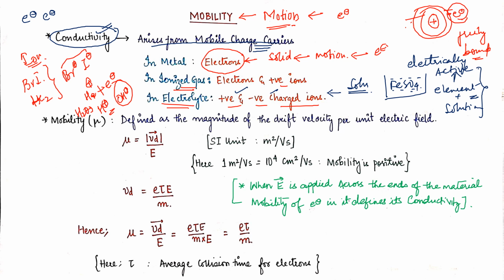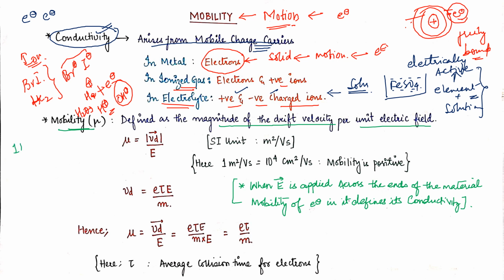Now we'll move to the part of mobility. Mobility has a very simple definition. It is the magnitude of drift velocity per unit electric field. How much velocity the electrons have attained for a unit electric field is the mobility.